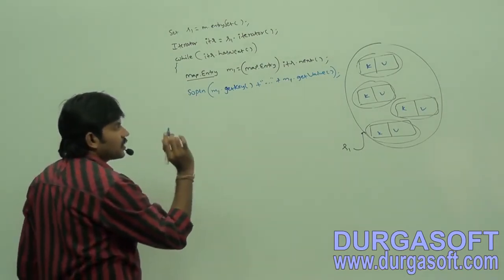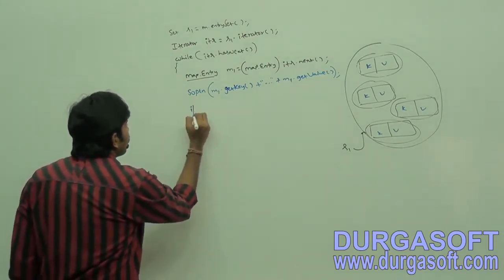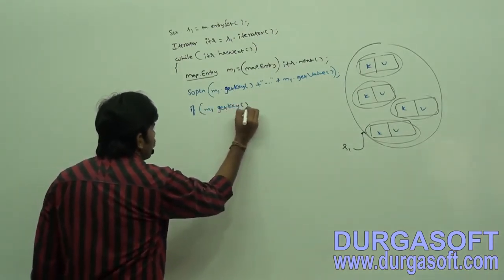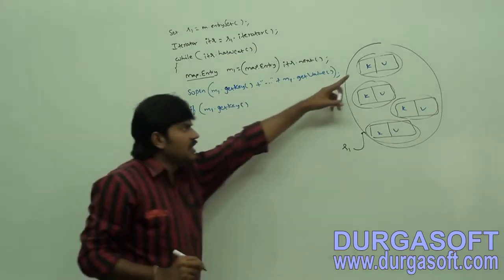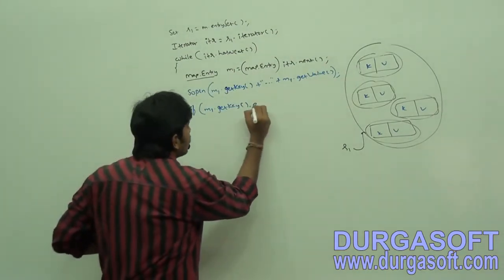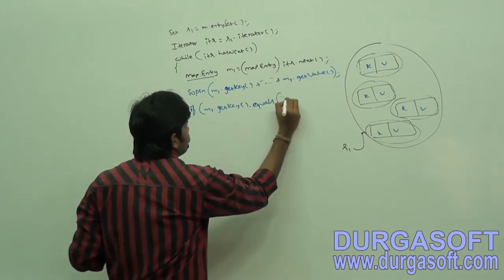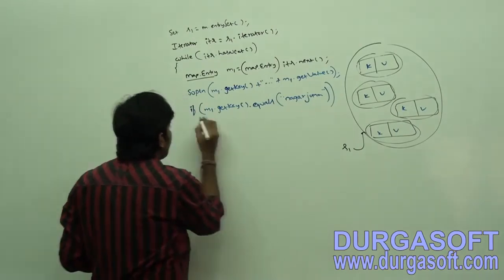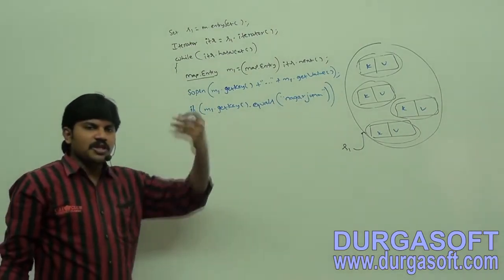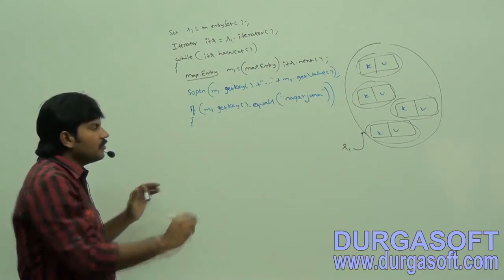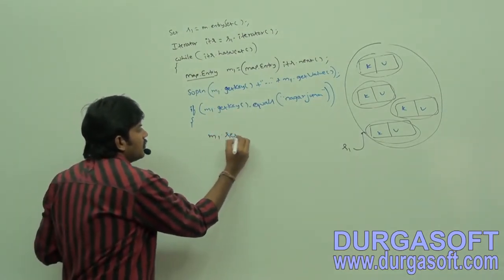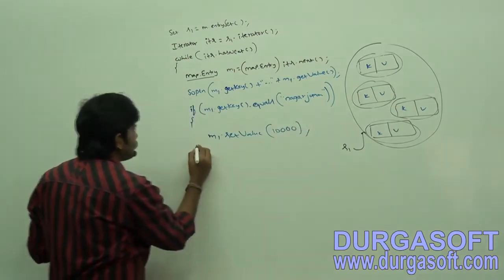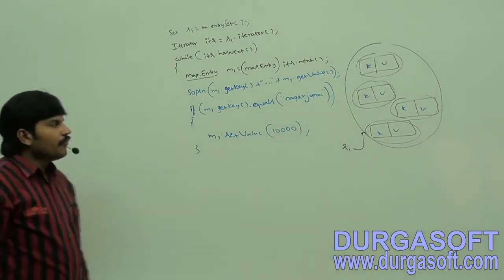Next, this next point is very important. If m1 dot getKey dot equals Nagarjuna, if the key is Nagarjuna, can you please change its value? m1 dot setValue with 10,000.